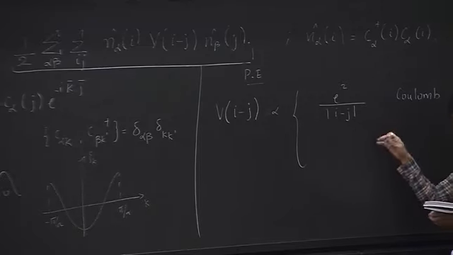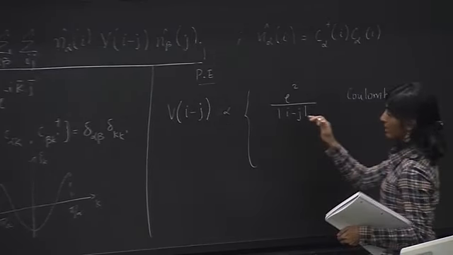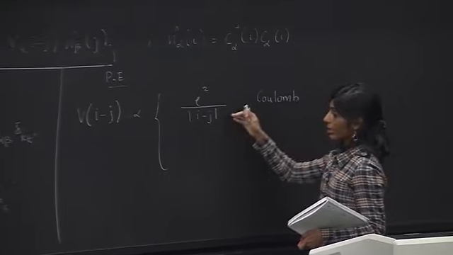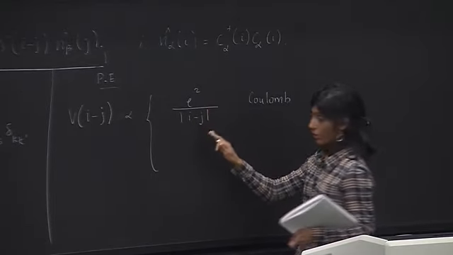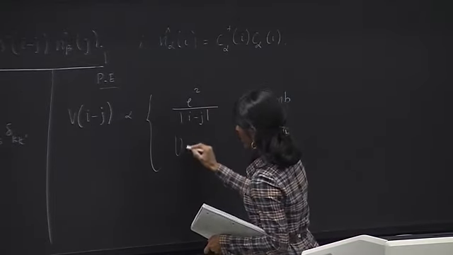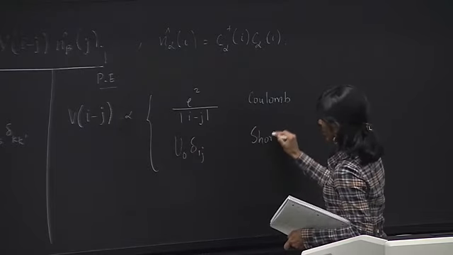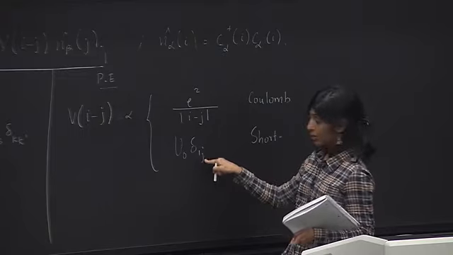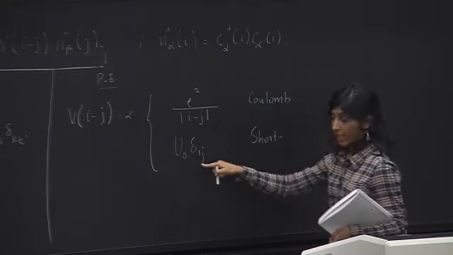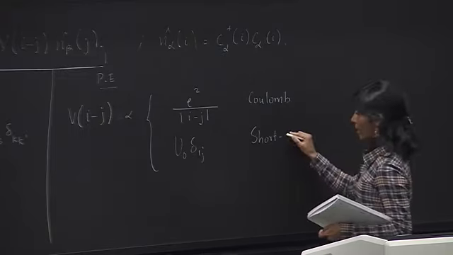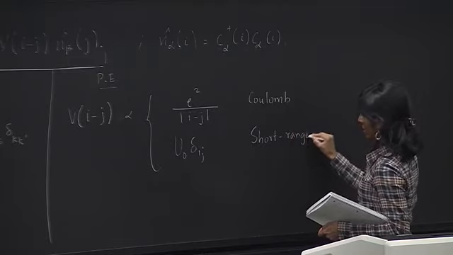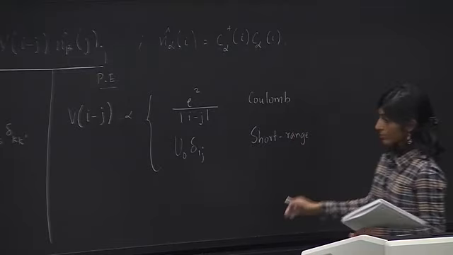But another useful interaction that doesn't have some of the problems associated with the long-range behavior of Coulomb is a short-range repulsive interaction, which looks like this. So only when the fermions are right on top of one another, only when they're exactly on the same site, is there a strong repulsion. Otherwise, they don't see one another. That's called short range.